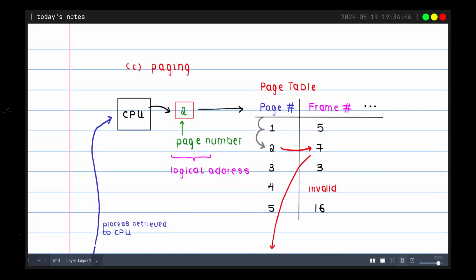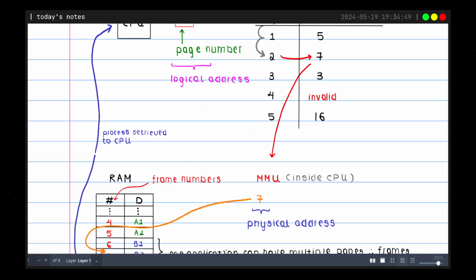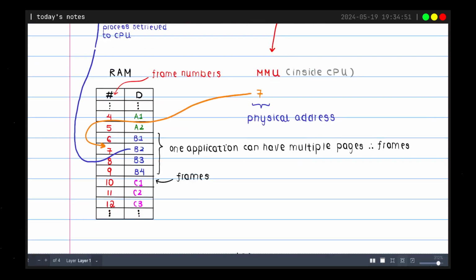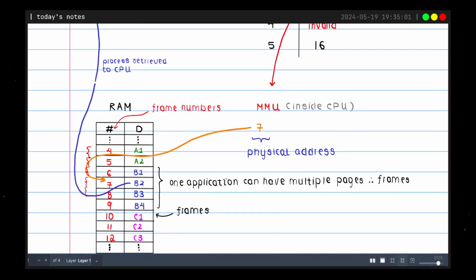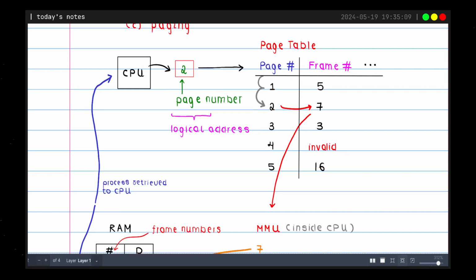Now we will take a look at paging. Paging divides your RAM into fixed size blocks, which are usually all 4 KiB in size. And essentially what happens is these fixed size blocks in physical memory, RAM, are referred to as frames. But in logical memory, the CPU's own version of this RAM that it's going to use for its respective applications, the virtual copy of it rather, it's a fake copy, right?